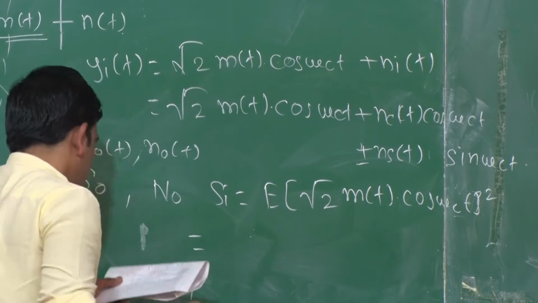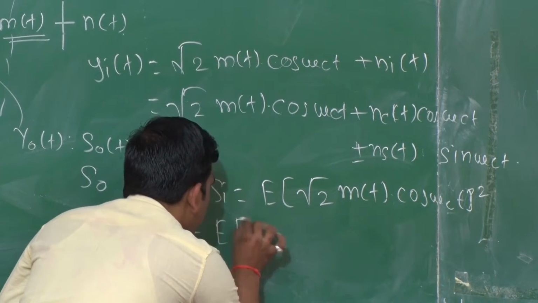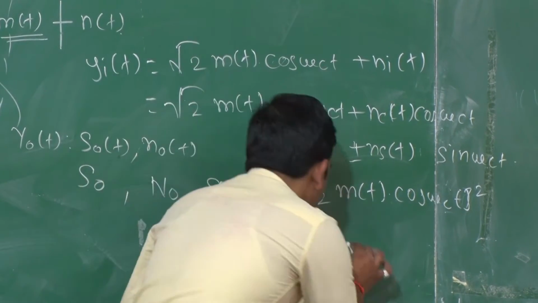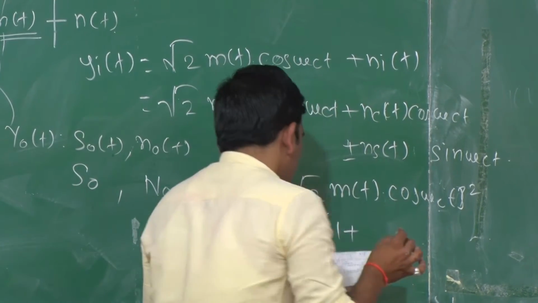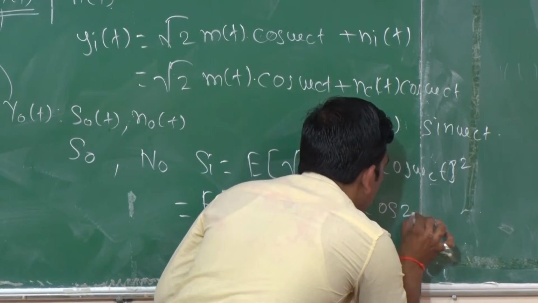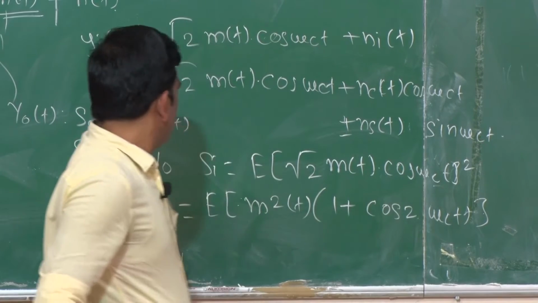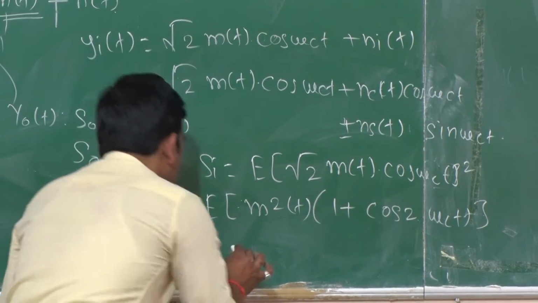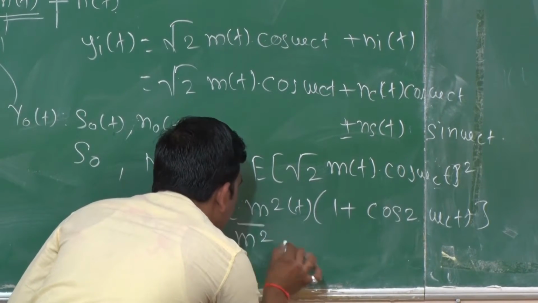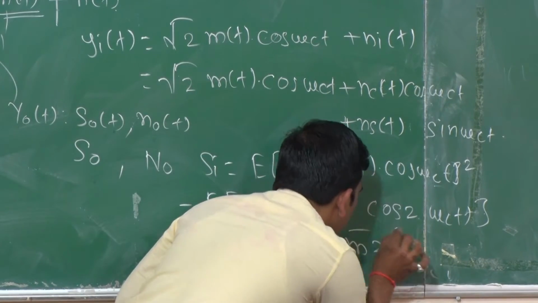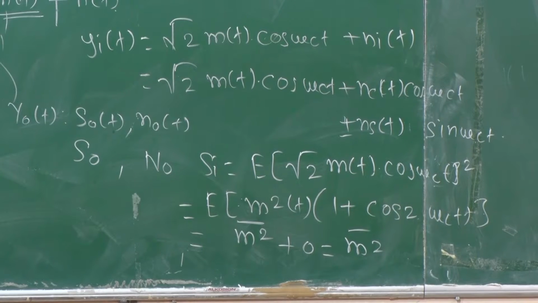So here we will get m square of t in bracket 1 plus cos 2 omega ct. So finally we will get m square bar plus 0, that is equal to m square bar.